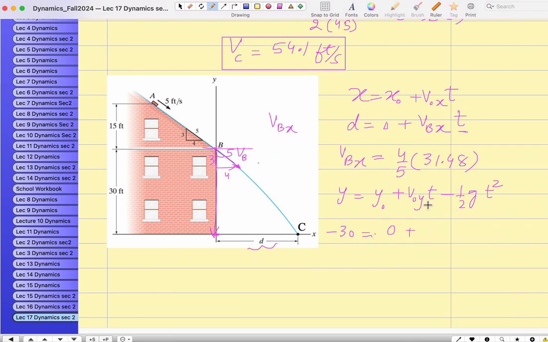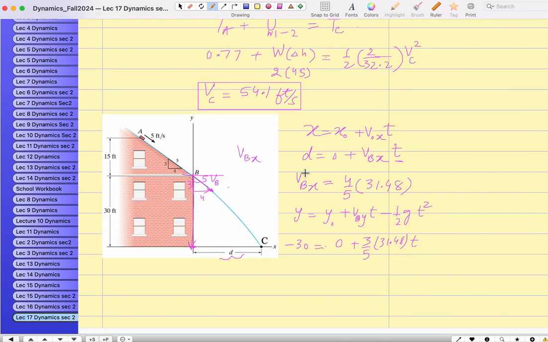V_By is 3/5 of V_B, which is 31.48, times t, and then negative half g, which is 32.2, times t squared.